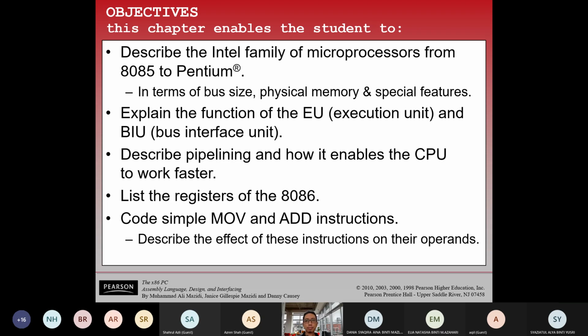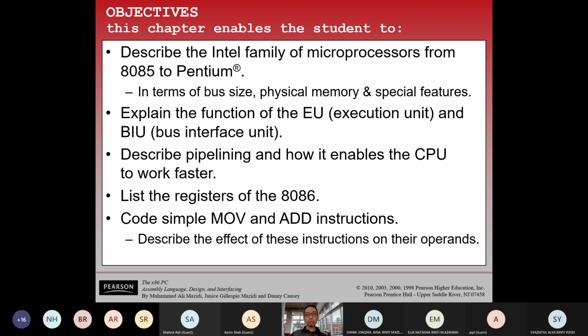Okay, welcome back. Sorry, I think I was skipping one of the basic introductions to the microprocessor that I believe should be taught to you first, especially regarding the basics of digital numbers.